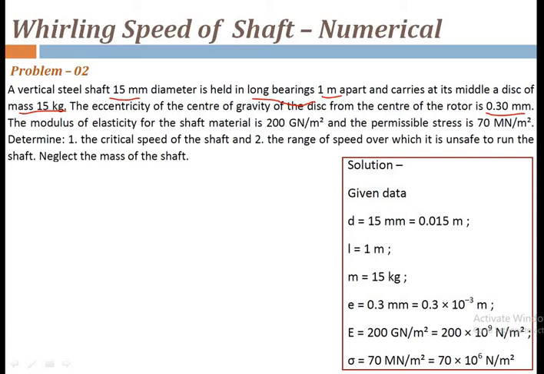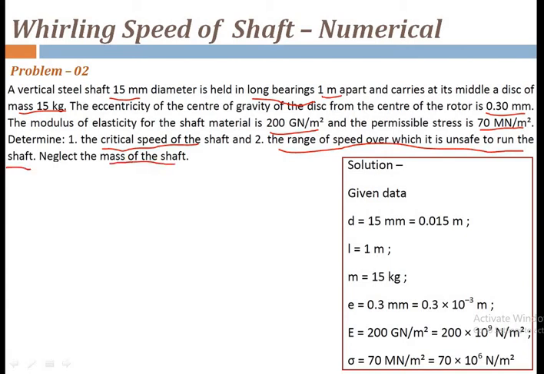The modulus of elasticity for the shaft material is 200 GN/m², that is Young modulus. Permissible stress is given by 70 MN/m². Questions are the critical speed of the shaft, and second, the range of the speed over which it is unsafe to run the shaft. Neglect the mass of the shaft.